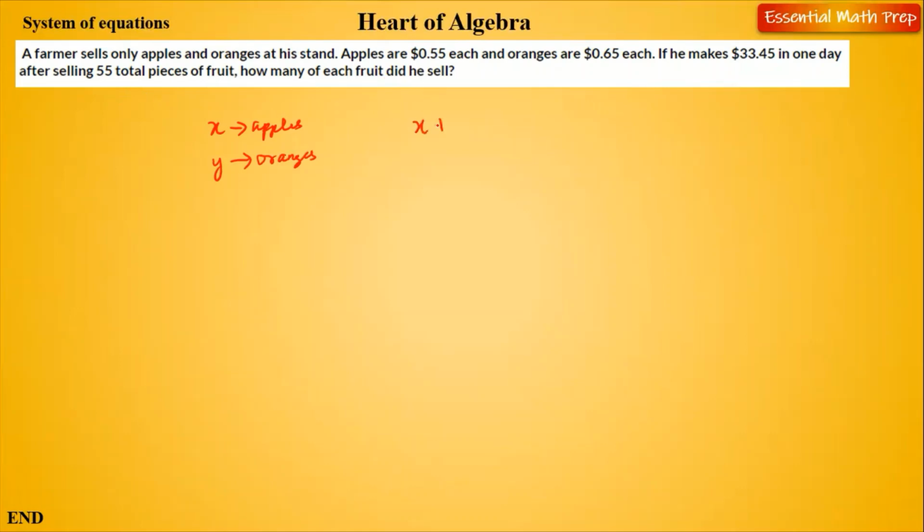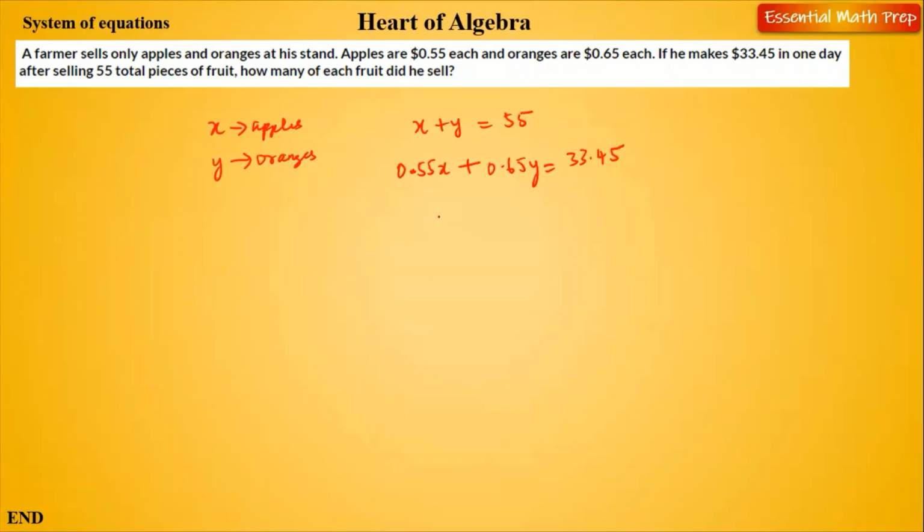So X plus Y, total number of apples plus total number of oranges, equals 55. Okay, we said X corresponds to apples, so the cost of apple is 0.55, so the 0.55 goes with the X. Similarly, 0.65 goes with Y. That's equal to 33.45. I'm not including the dollar sign for convenience.